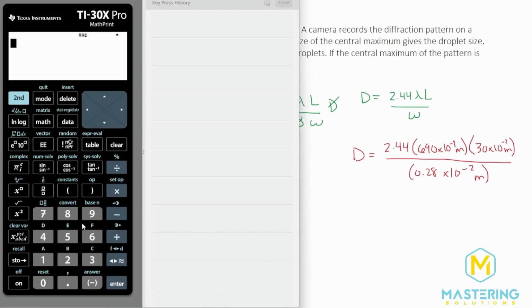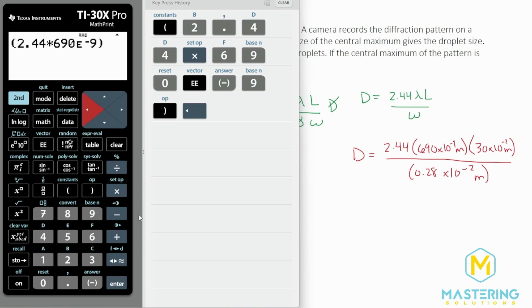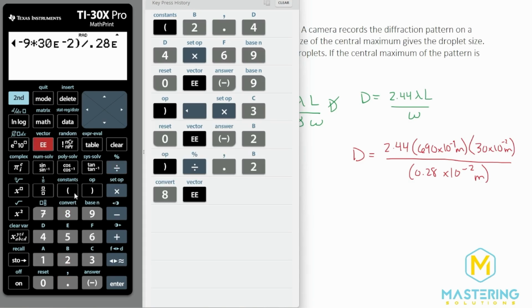So when we go to our calculator, we have 2.44 times 690 e-9, and then we multiply that by L, so 30 times 10⁻². Now that all gets divided by 0.28 times 10⁻².